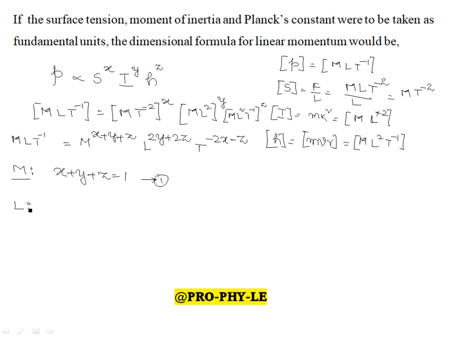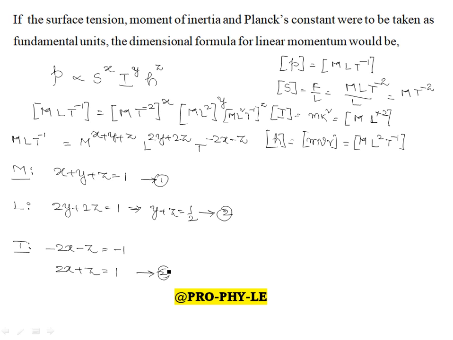Now for powers of L, 2y plus 2z is equal to 1, that implies y plus z is equal to half. Let this be second one. And the third one is powers of time, that will be minus 2x minus z is equal to minus 1, or 2x plus z is equal to 1. Let this be equation 3.